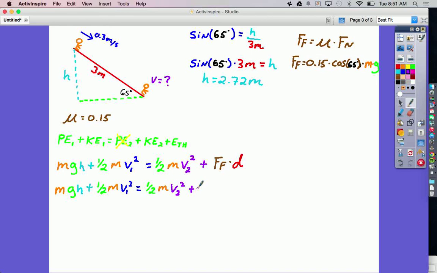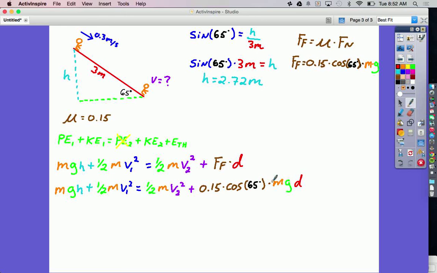And now when I get to my friction, I'm going to plug in what I have right here, which is 0.15 times the cosine of 65 degrees times mg. Now I can actually get rid of, oh, I almost forgot, got to keep the d as well. There we go. That would have been a mistake, but thankfully we caught it.